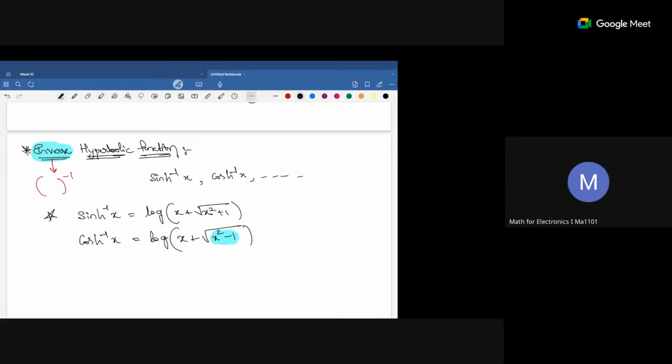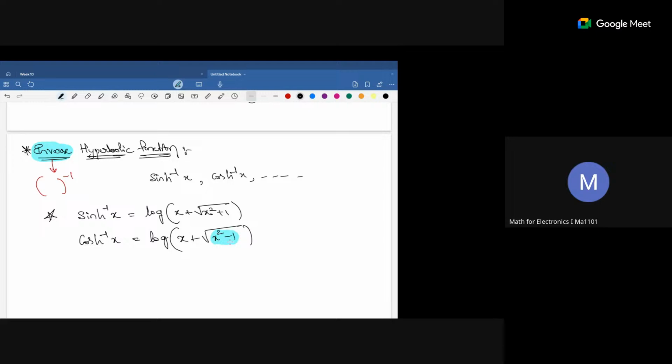Here x square plus 1 is positive anyway, so for any x, x square plus 1 will be positive. So no need to worry. Also x square plus 1 is greater than x, so x plus square root of x square plus 1 will always be positive for any x. So we don't need to worry here, but we have to worry here.